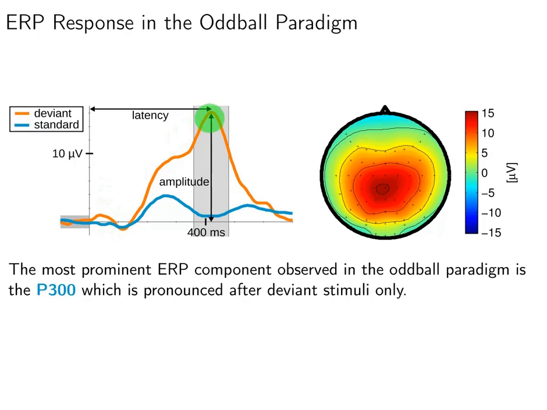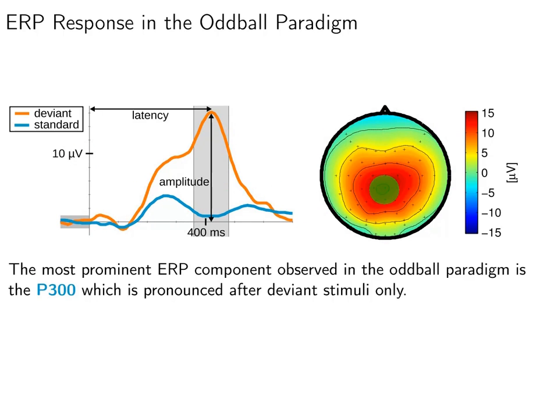The deviant that is shown 20% of the time has the following features with increased amplitude, if we compare to the standard. So deviant and standard stimuli related brain response, or event-related response. And again, most of the time, the zero here corresponds to the time when the stimulus was shown, and then the brain response. Here, this is an averaged example in time series form of visualization, while this one shows a topographic image.